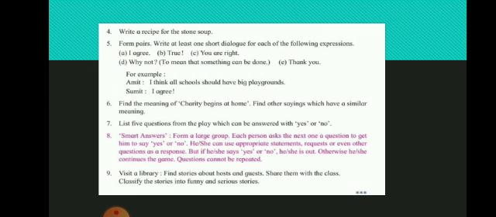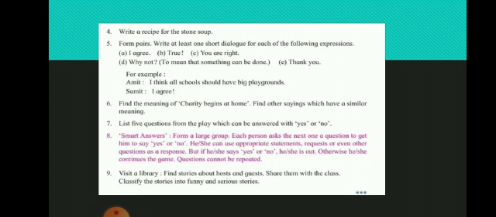You have to frame such kind of question for which the answer will be yes or no. He or she can use appropriate statements, requests, or even other questions as a response.